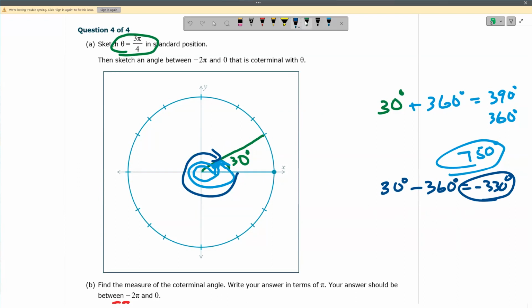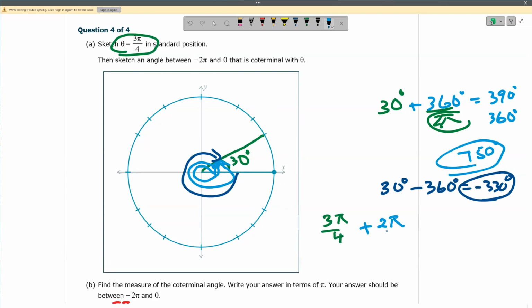Now in radians, you do the same, but 360 is 2 pi. So if I give you something like 3 pi over 4, what's the coterminal angle of 3 pi over 4? All you need to do is add or subtract 360, but 360 is the same as 2 pi, so you're adding 2 pi.